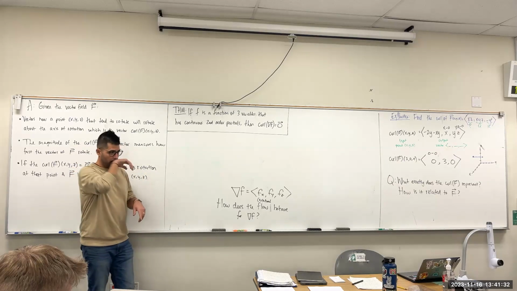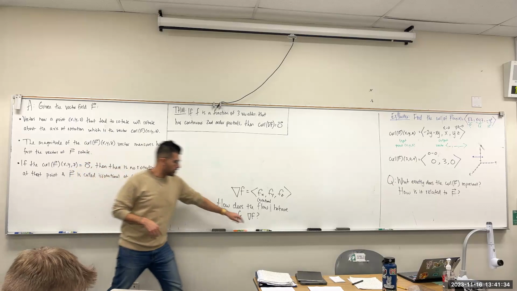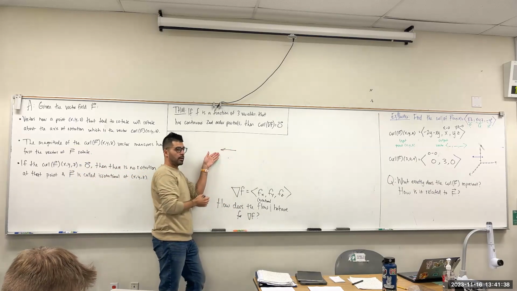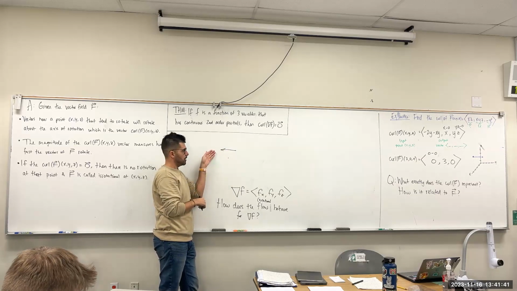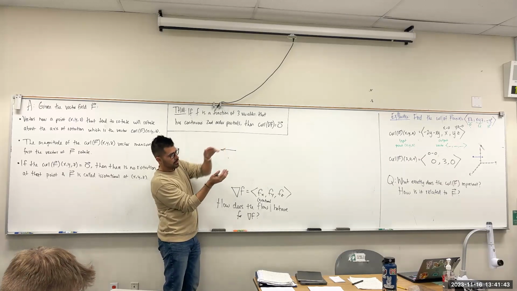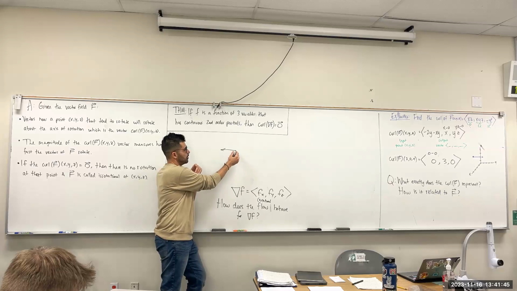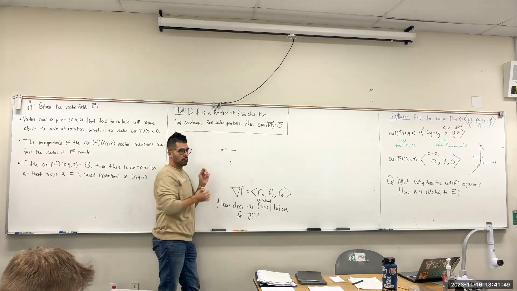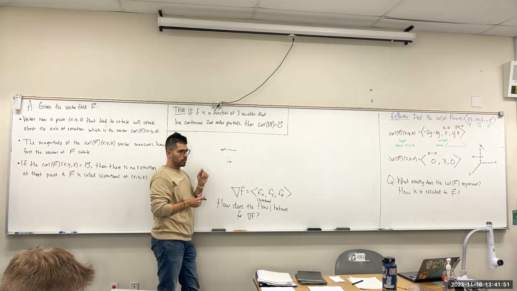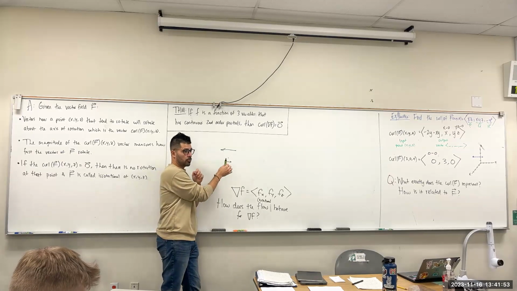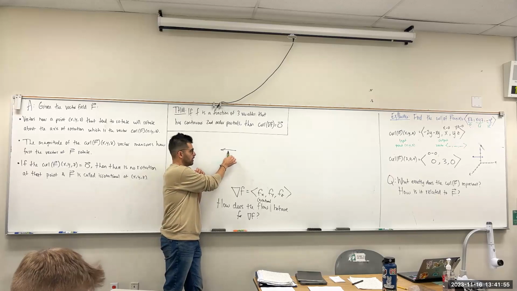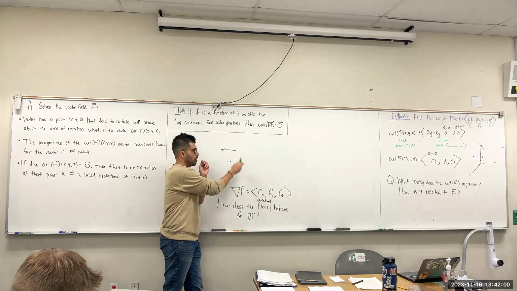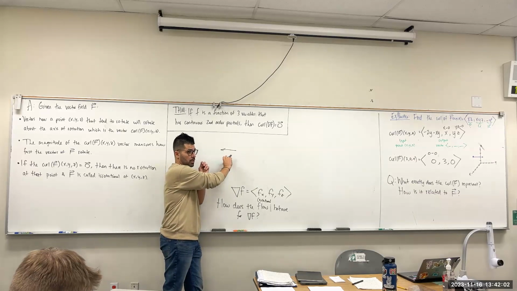Well, that's kind of where we're going. So for example, if there was a point in space, would it be possible for the vectors above it to be bigger than the vectors below it? No, right? Because if I put a little twig here, think of fluid again, this means that the stream is going faster above it and slower below it. So it would force the twig to spin.